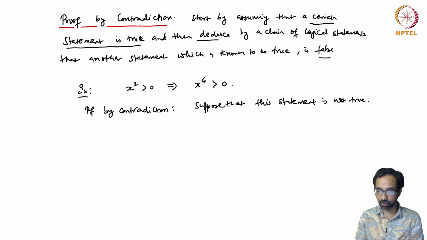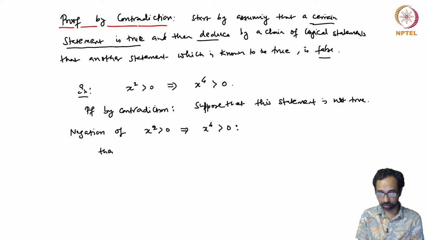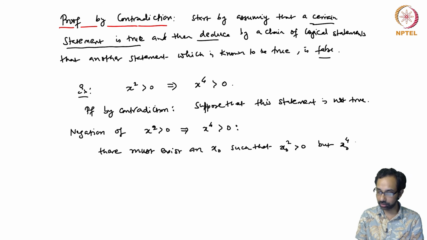Now if you assume that this statement is not true, what does it mean? So you have to find the negation of this statement. The statement is x square greater than 0 implies x to the power 4 greater than 0, and the negation is that there must exist an x naught such that x naught square is greater than 0 but x naught to the power 4 is less than or equal to 0.